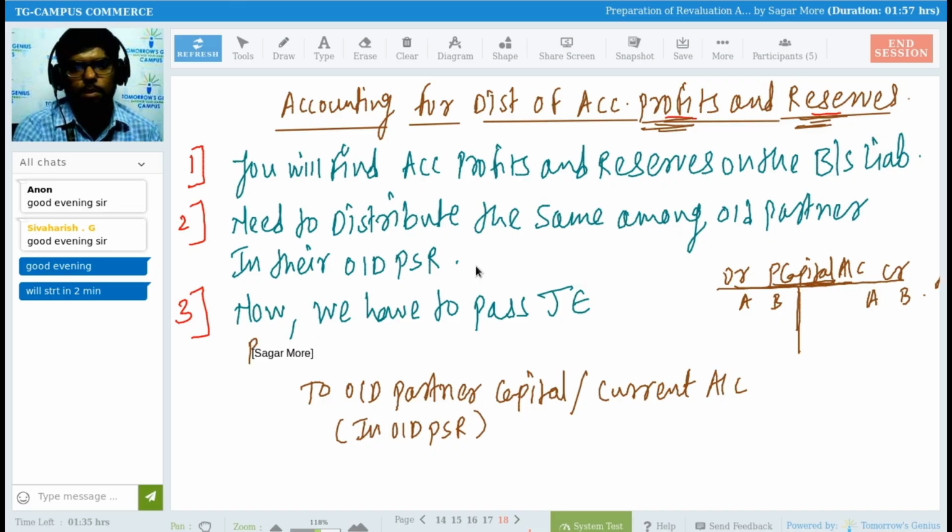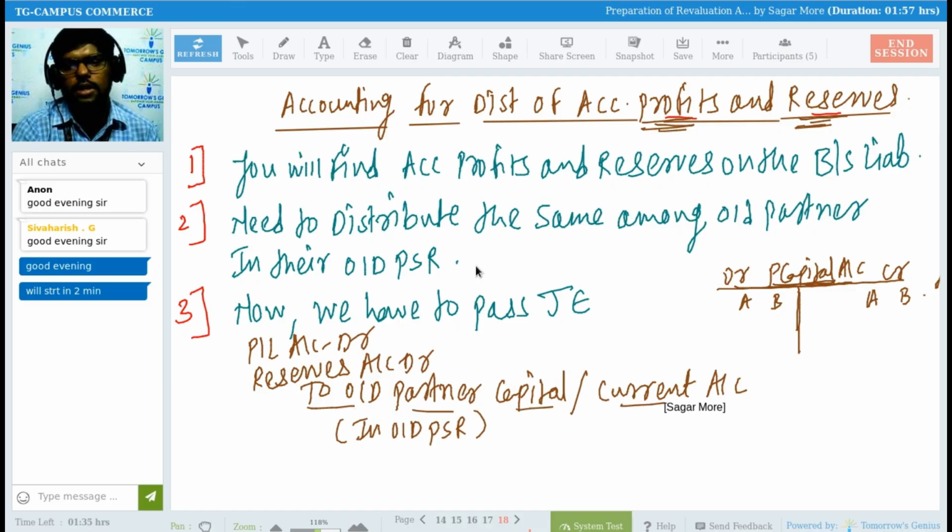My journal entry will be: profit and loss account debit, or any other reserves account debit, to old partners' capital and current account. Understood this or not, everyone?